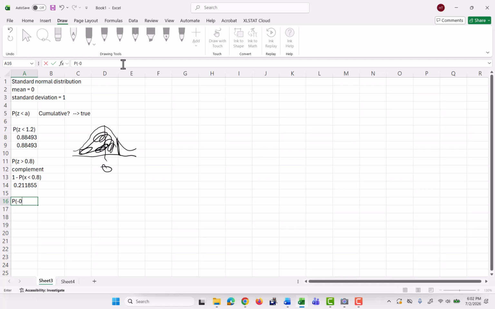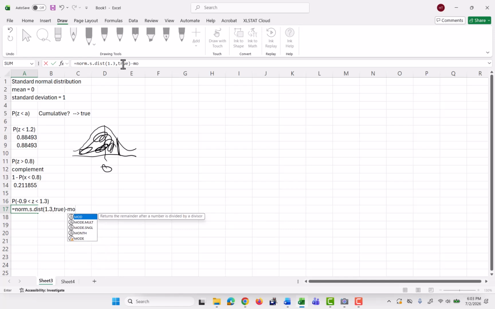Now, if I wanted the probability of being between, let's say, negative 0.9 and positive 1.3, I have to do two normal probability calculations. The first one is for the upper end: NORM.S.DIST for the 1.3, and again put in true for my argument, minus the lower end.